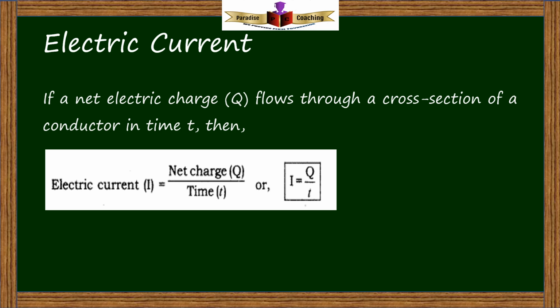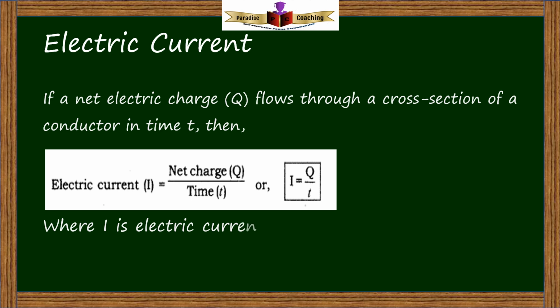and the unit for measuring this current is amperes, the unit to measure charge is coulomb, and as we all know the SI unit for measuring time is seconds. So this is the first formula which we have learned in this chapter.